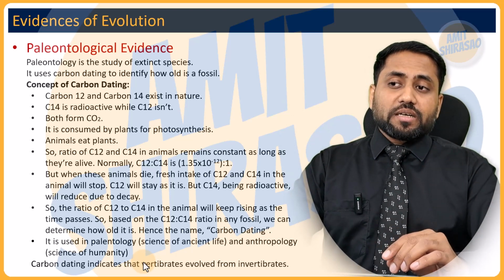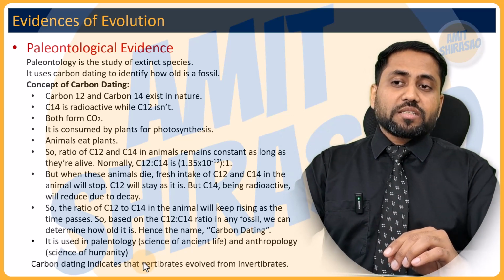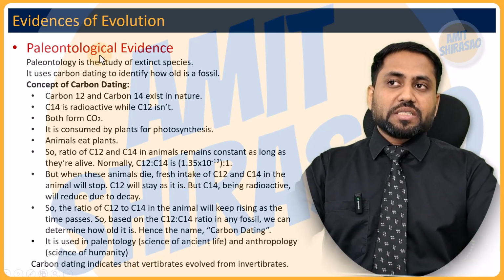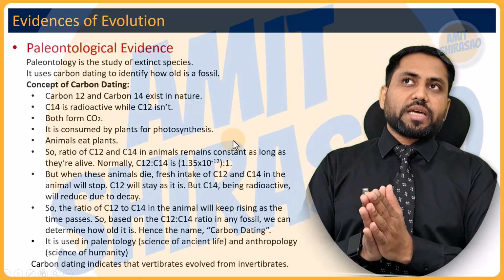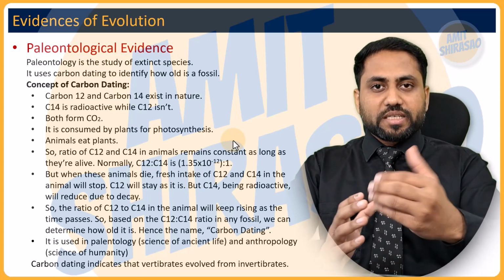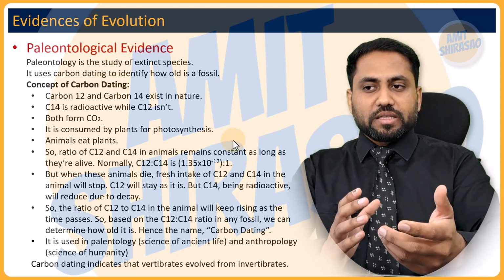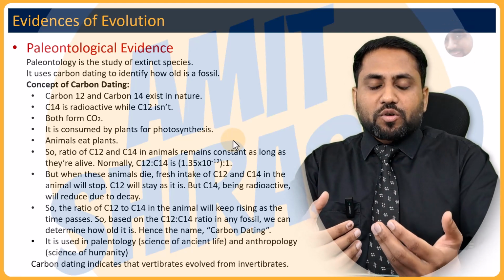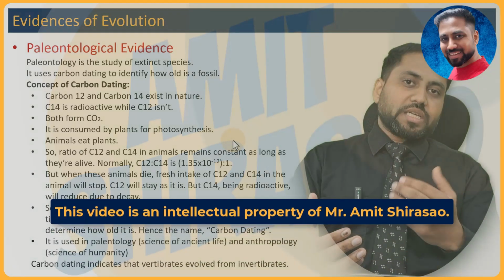Carbon dating indicates that vertebrates evolved from invertebrates. So paleontological evidence shows us that most of the skeletons that you see are mostly like our skeleton. Previously, they did not have vertebrae. Now they started having vertebrae.